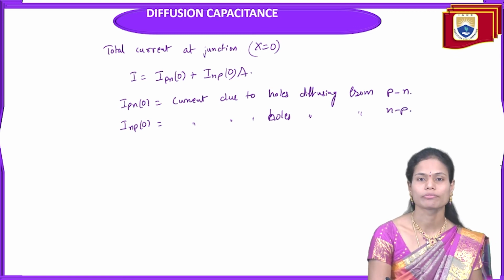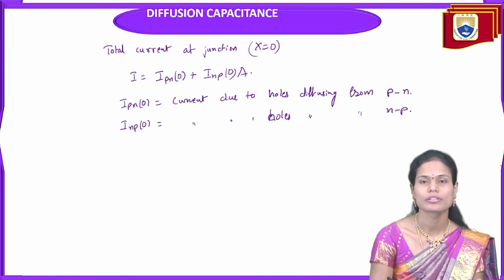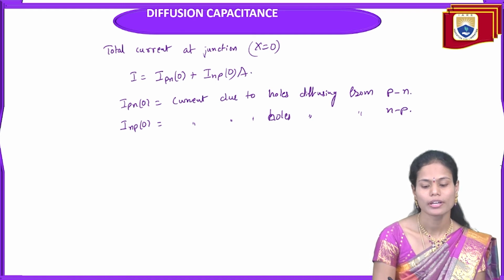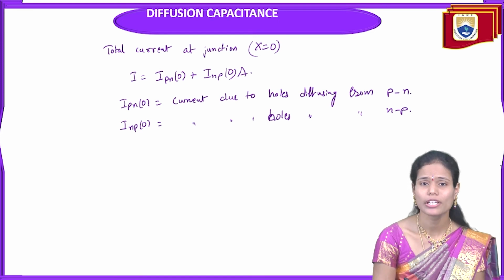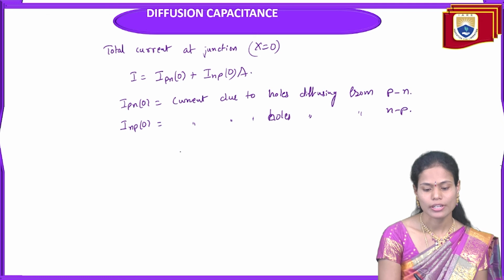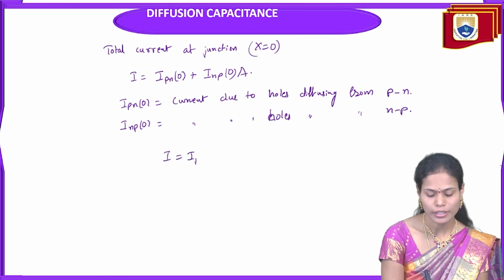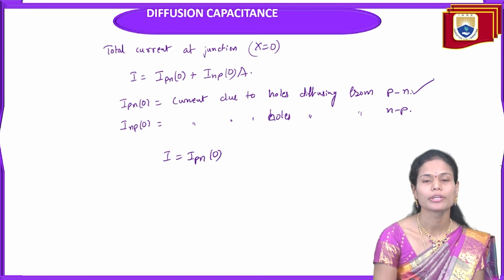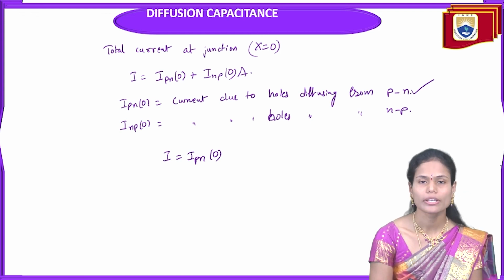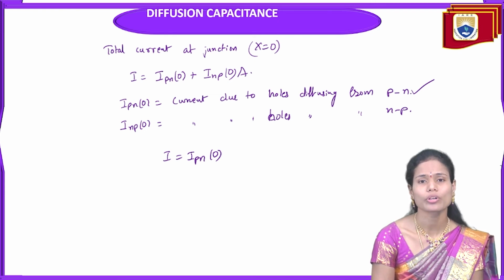Because of the movement of holes from the two regions, we get the total current in the PN junction diode. Here the P region is heavily doped compared to the N region. In that way we are considering it here. Because of that reason, we are considering only I equal to I Pn of 0 here, that is nothing but the hole movement from P region to N region. Why? Because we are considering P as the heavily doped one. Once P is heavily doped, more holes are present in the P region.